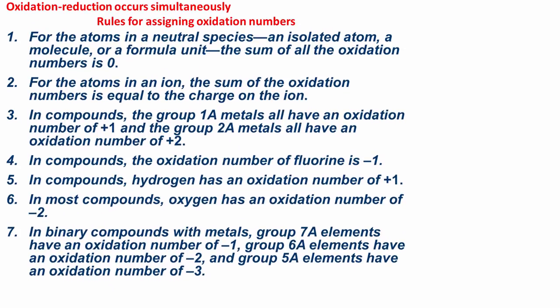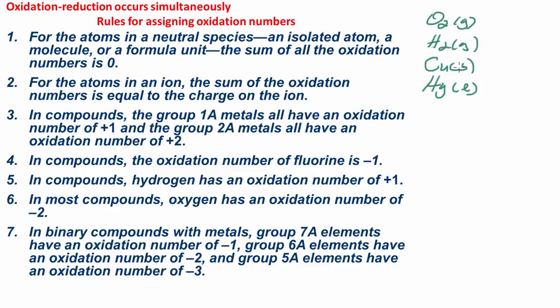Now, how do we determine oxidation numbers? Here are some rules for determining oxidation numbers. For atoms in elemental form, the oxidation number is always 0. So for example, you can have molecular oxygen, hydrogen, solid copper, liquid mercury.